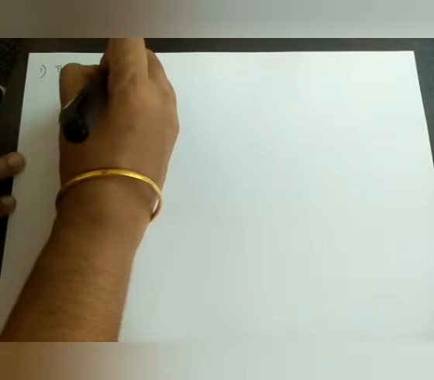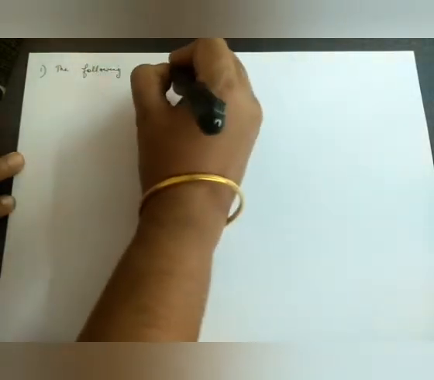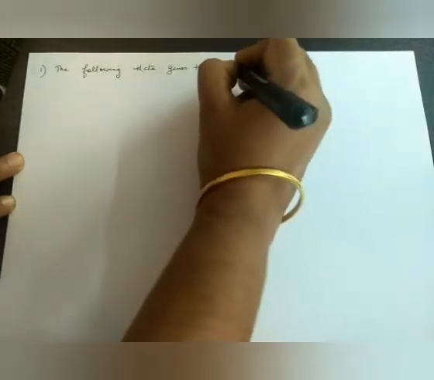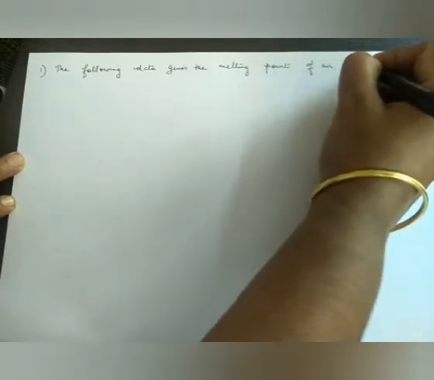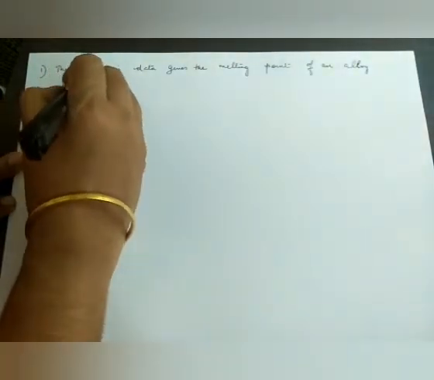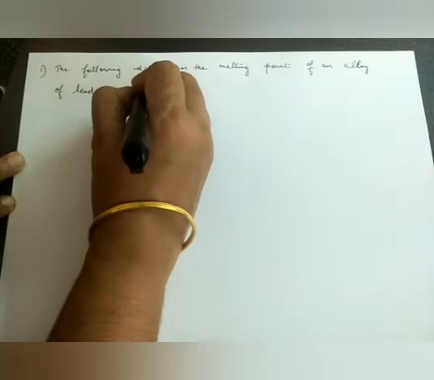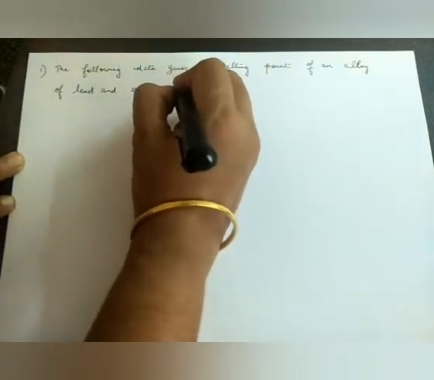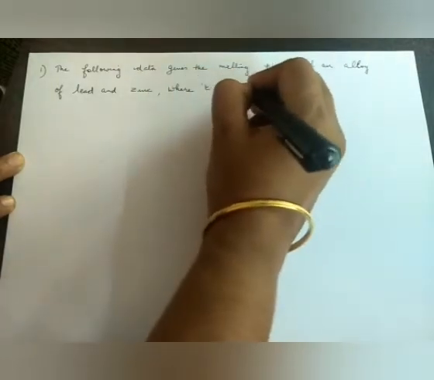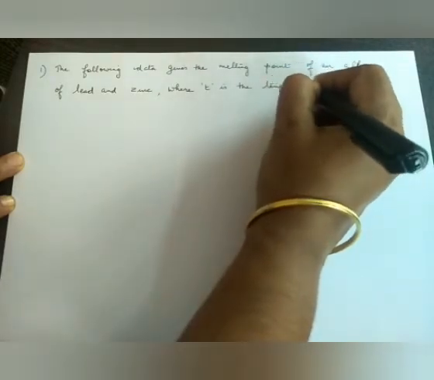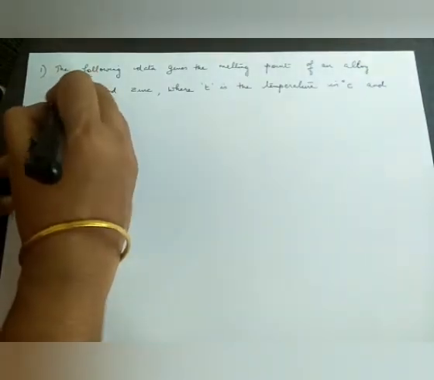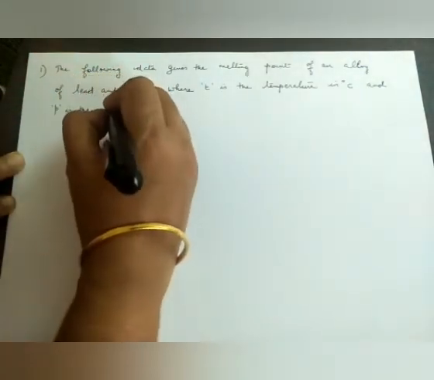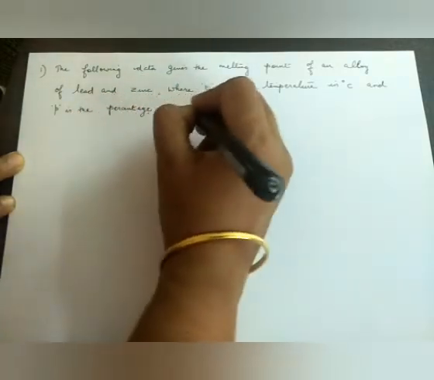Now problems. The following data is the melting point of an alloy of lead and zinc, where T is the temperature in degree Celsius, and P is the percentage of lead in the alloy.